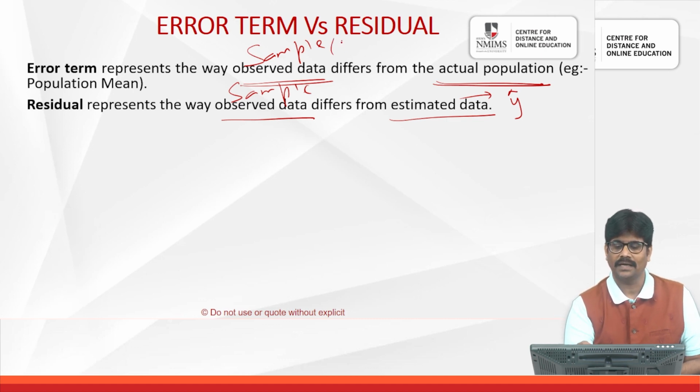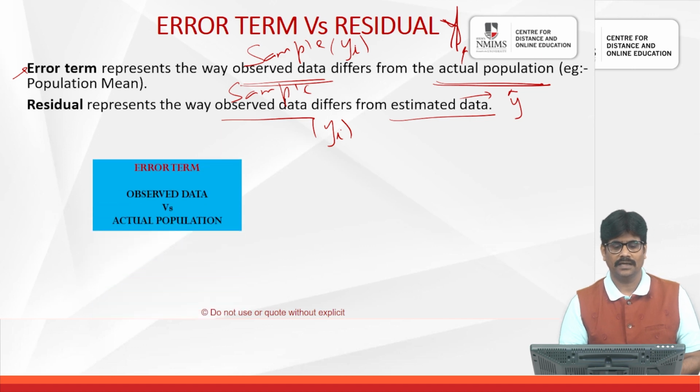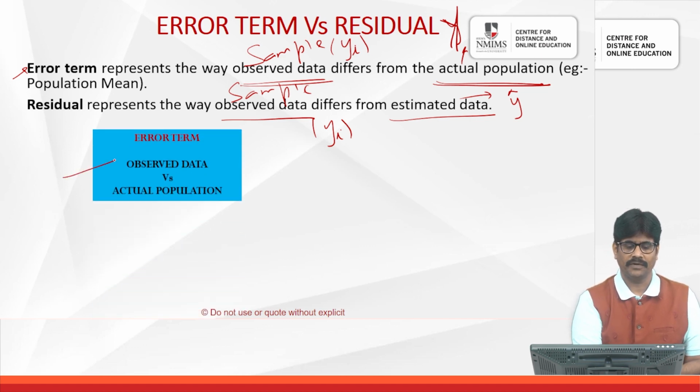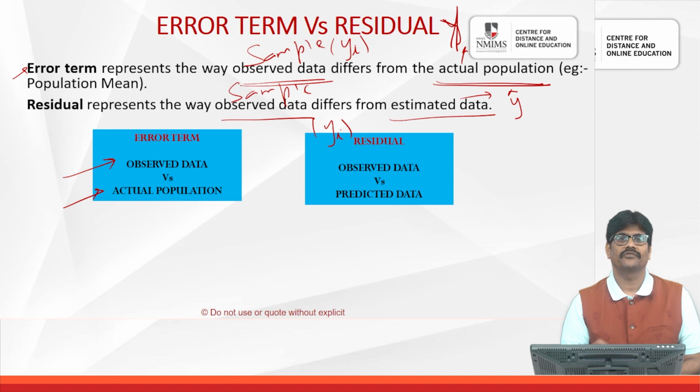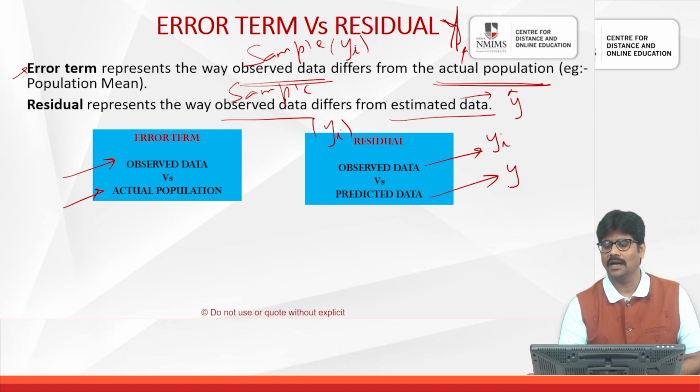The sample data is always represented as yi, and population data is represented as y, or capital Y if you want to call it that. So, error is the difference between the observed data and the actual population data. Usually the actual population data is not available to us, whereas in terms of the residual, it is the sample data versus the predicted data, which is yi and y hat.